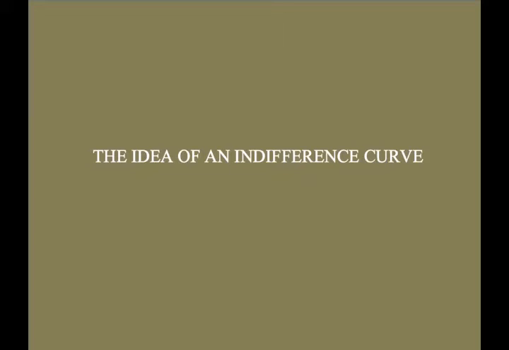First, what we'll do is we'll just get an idea of what an indifference curve actually is. An indifference curve is going to tell us a relationship between two different goods or bundles of goods that a consumer could potentially consume. So what we often do is we do an example in economics where we compare a consumer's preferences between guns and butter, or two other goods.